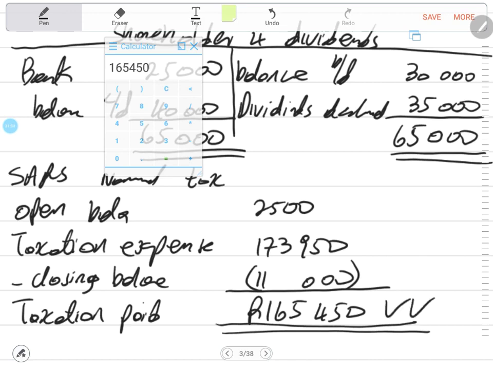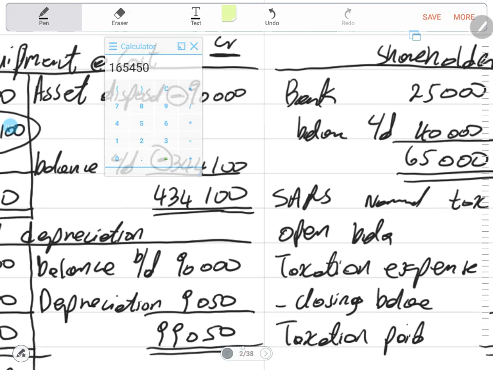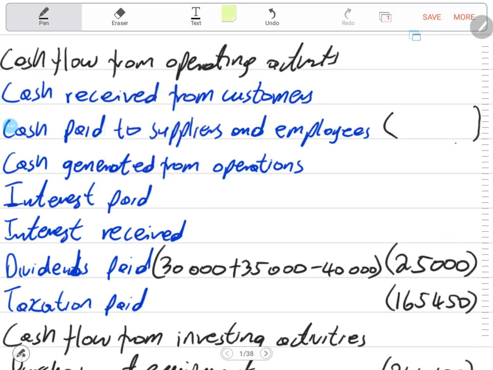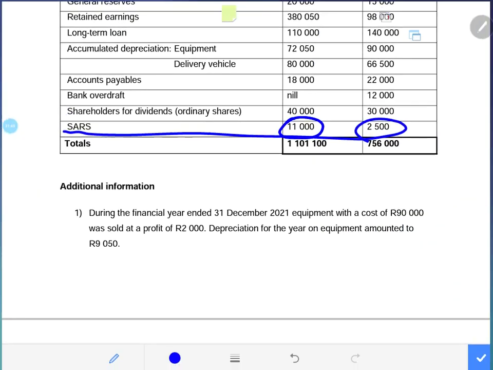And this 165,450 goes straight under tax paid, indicated as negative money going out of the organization.